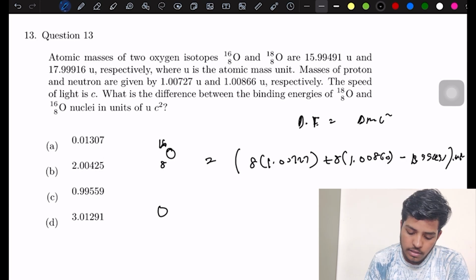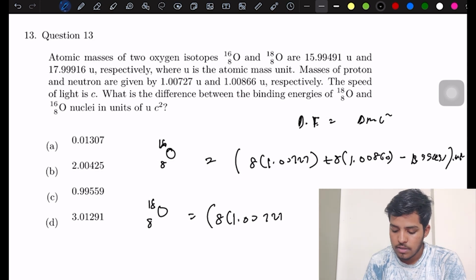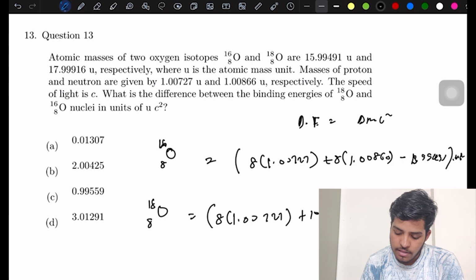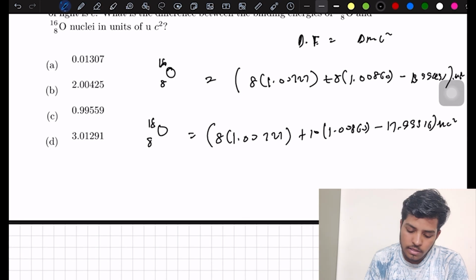And for O18, it equals 8 into 1.00727 plus 10 neutrons, 10 into 1.00860, minus 17.99916 mu c square.